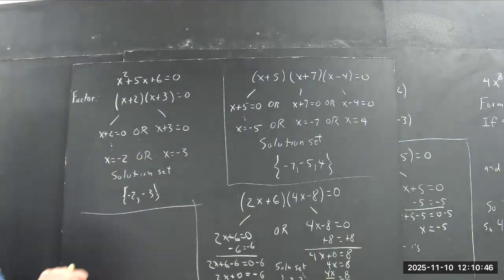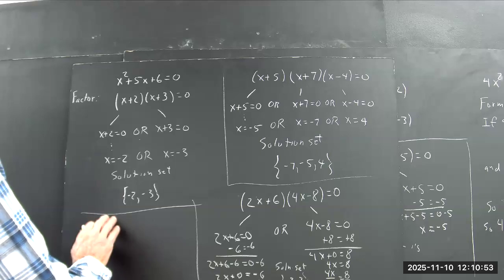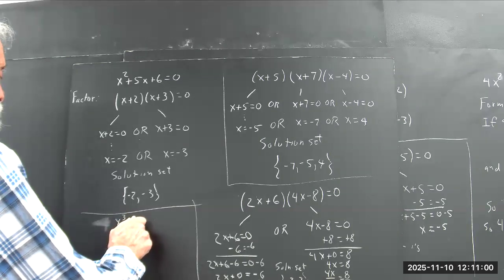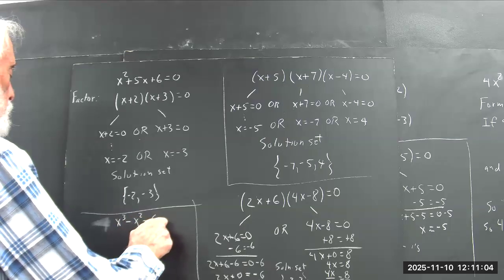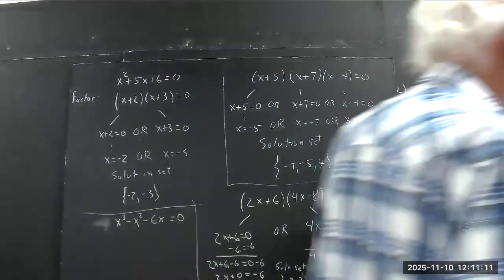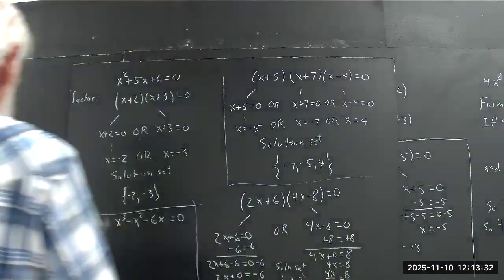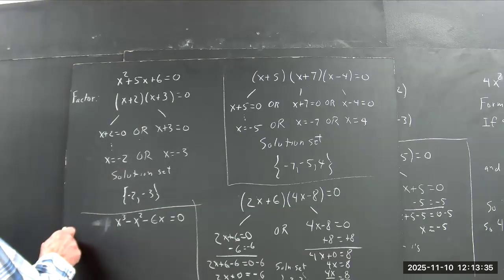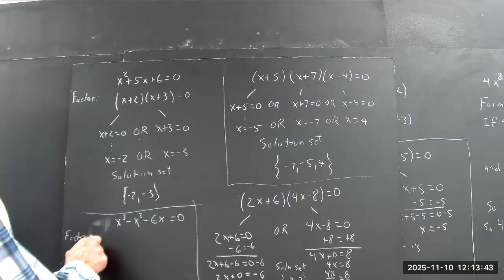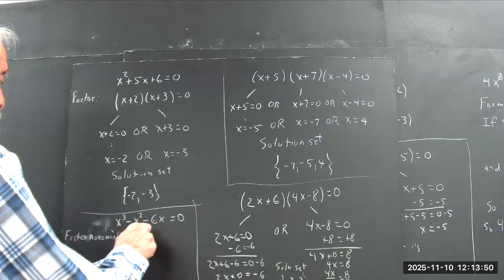So let's try this. Okay, we start by factoring greatest possible monomial.